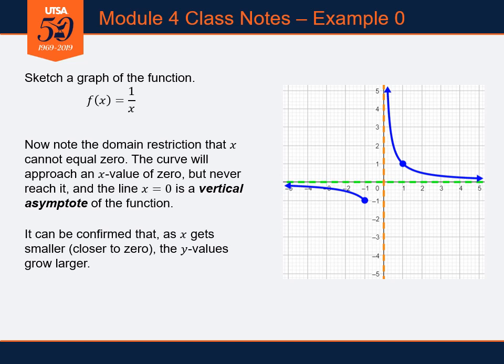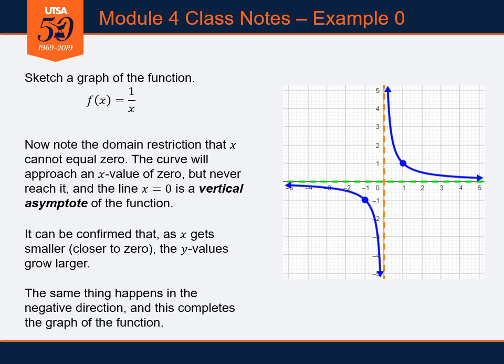Similarly and symmetrically, on the opposite side of the axis in the negative direction, the same thing happens, and this completes the branches of the graph and the sketch of the graph of this 1/x function.